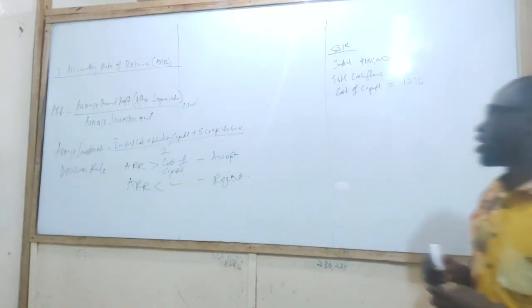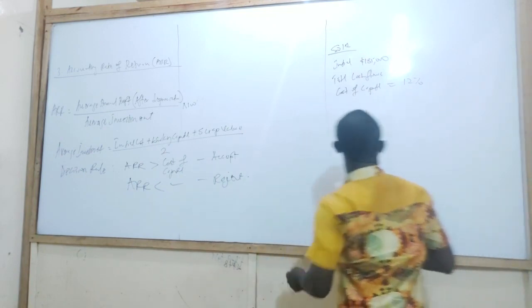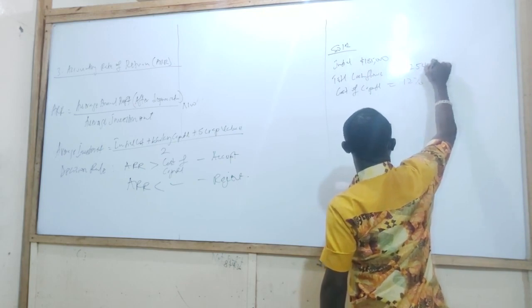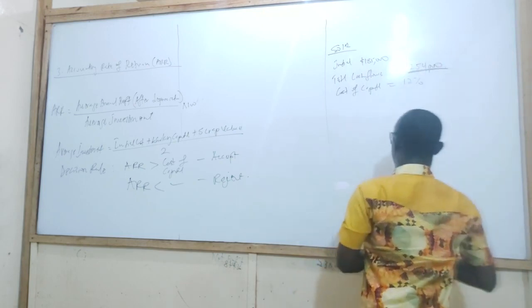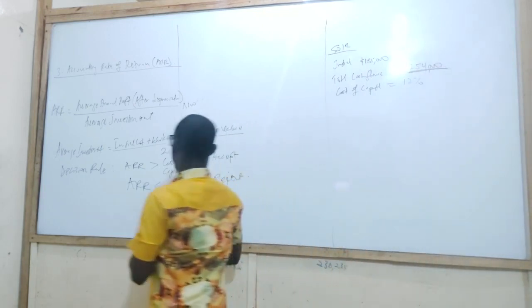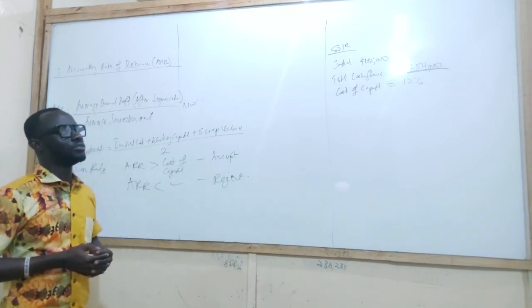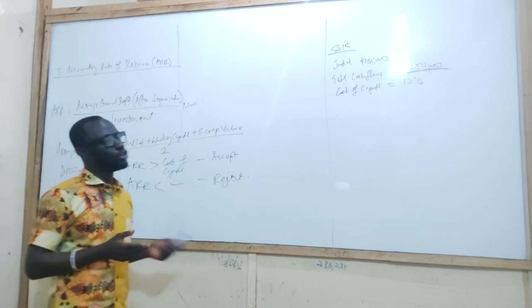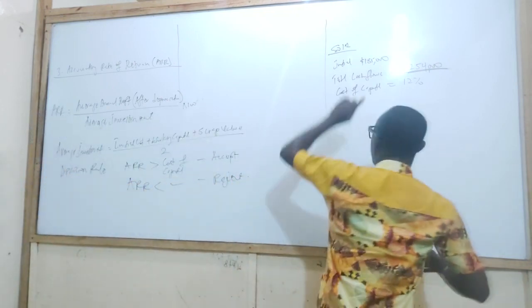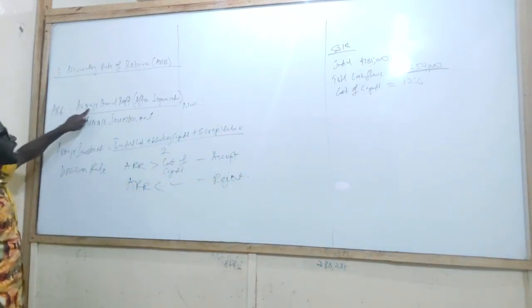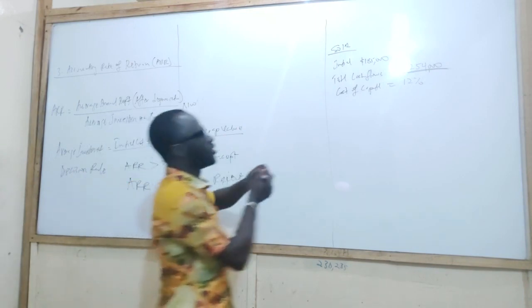What did we get? 254,000. Was the asset having any scrap value? From that question, no scrap value. Now, remember what we said here. ARR is average annual profit.